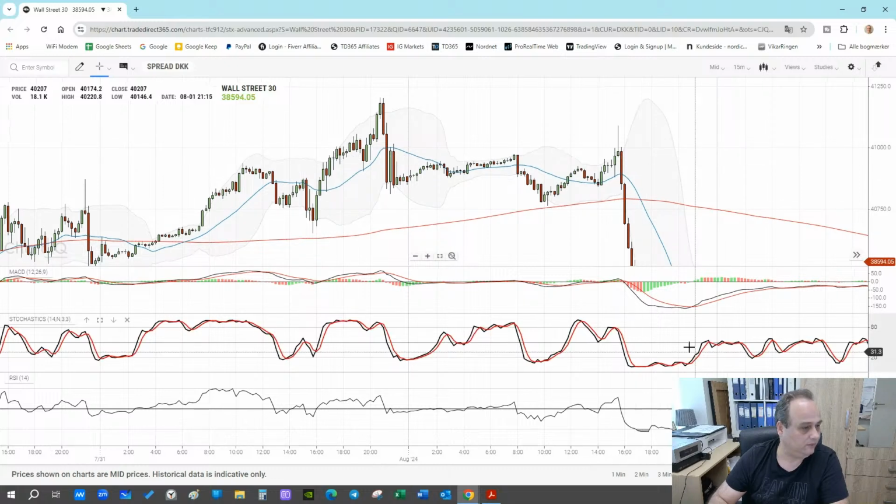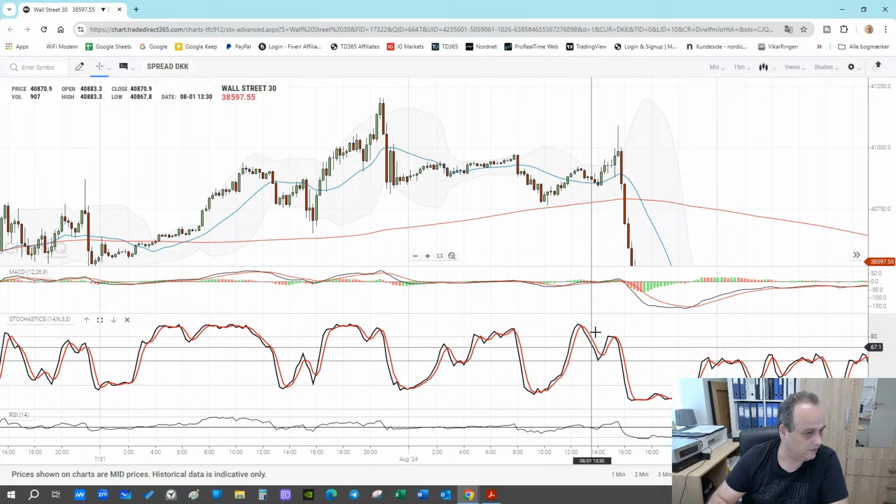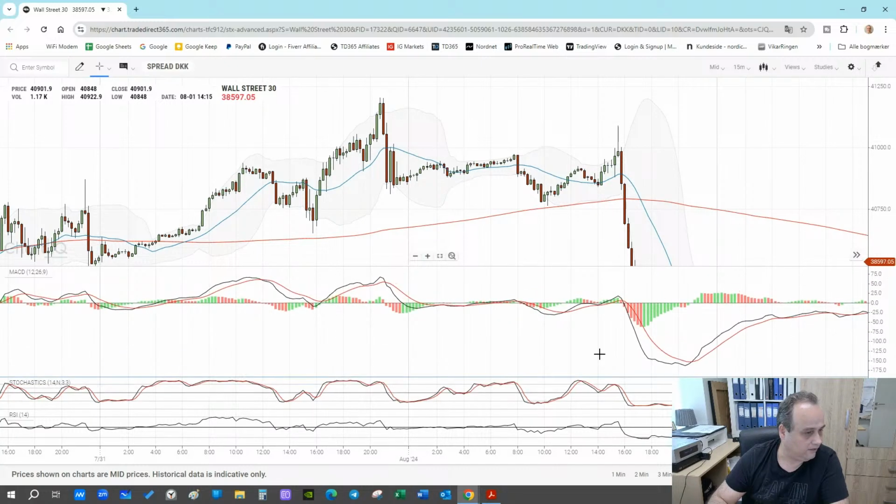Maybe I can minimize this one, because these indicators are just something I have kind of like a relic for 16 years here. That one. I said, oh my God, it looks good. Well, because it went up to test the previous high area over here for closing price, but couldn't even get there.